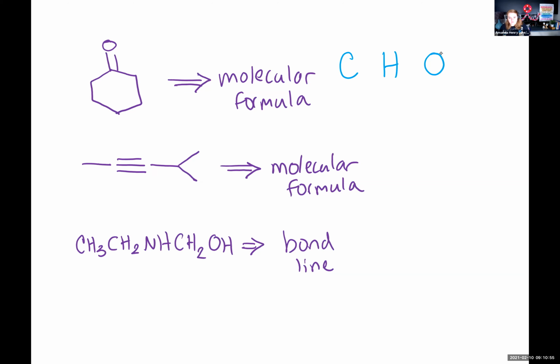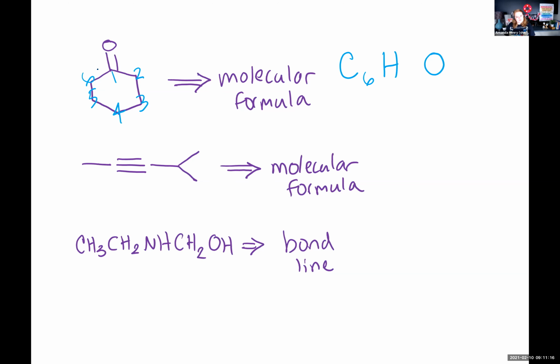I've done half your job for you. How many carbons are in that structure? 6. Perfect. There are 6. So I'm going to count going around here. 1, 2, 3, 4, 5, 6.